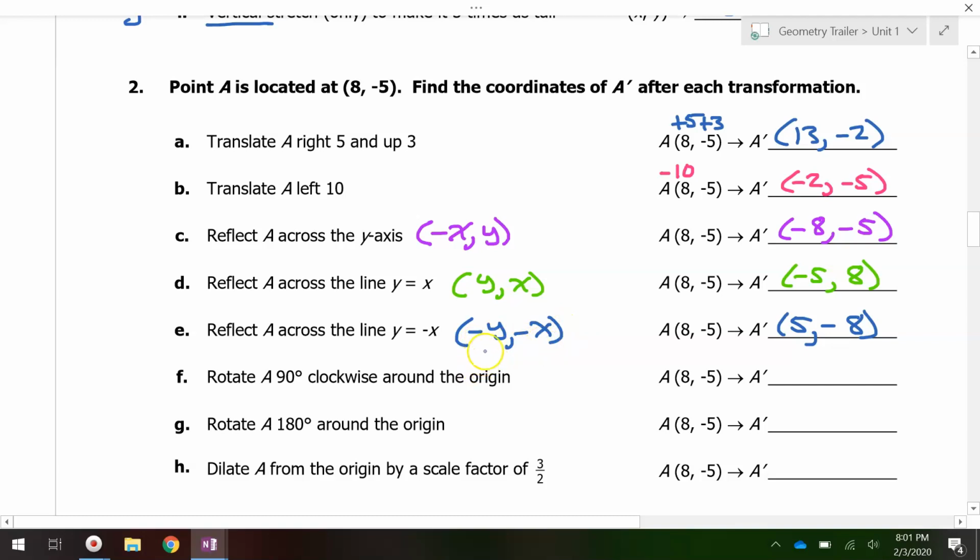That's because if you get in the habit of saying negative y, it's going to make you think that it has to be a negative number. But notice it's not. It's a positive number. Even though there's a negative here, there's a positive in the answer. That's because when it comes to these formulas, a negative sign here really means the opposite. So if it was already negative, you have to make it positive.